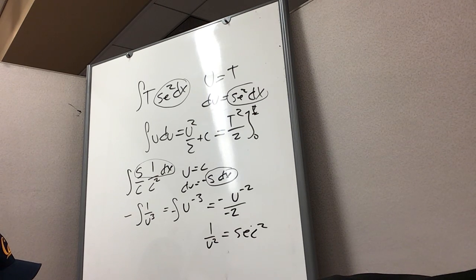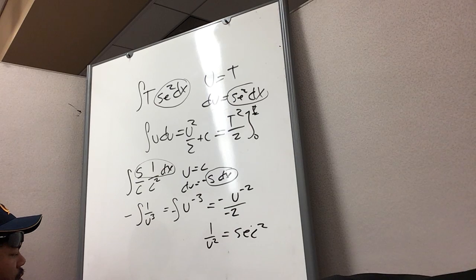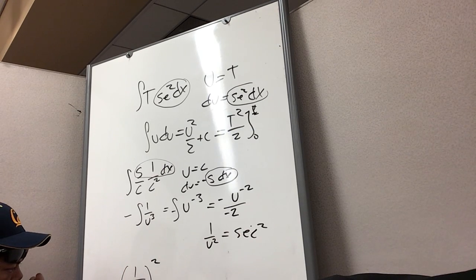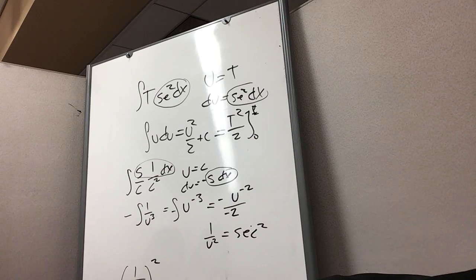Cosine of pi over 4 is root 2 over 2, squared. It's going to equal 4. Did I do that right?